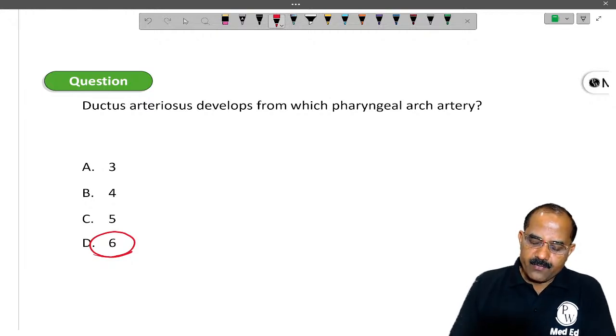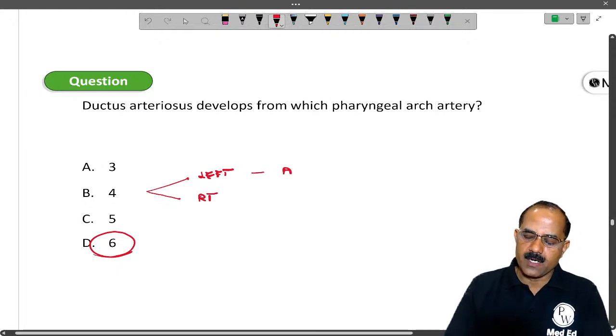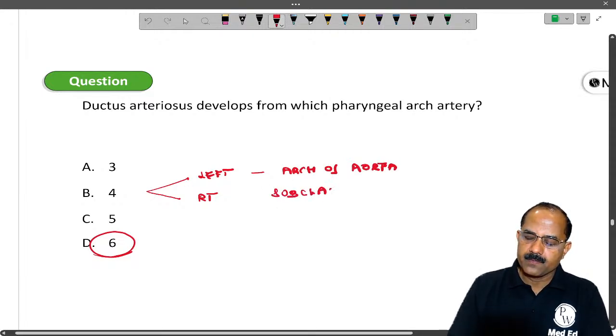The fourth arch artery on the left side forms the arch of aorta. On the right side it forms the subclavian. Fifth arch artery disappears.